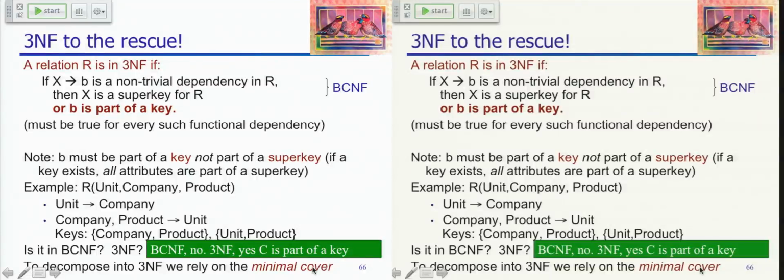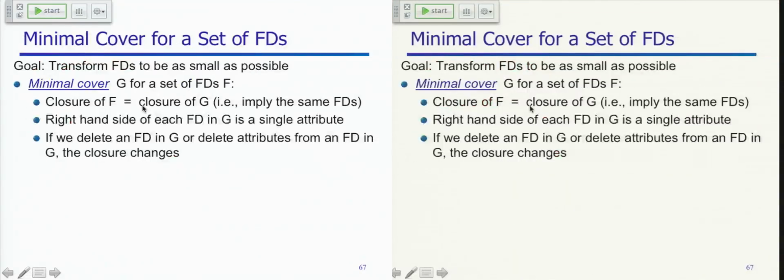Okay, so let's see what we mean by minimal cover. The goal of minimal cover is to transform the current functional dependencies that we have to have them as short as possible and to have as little as possible.